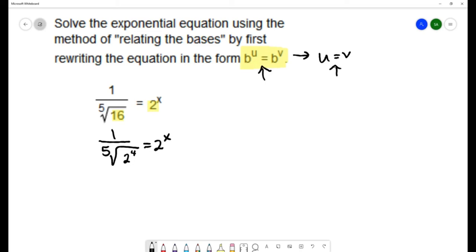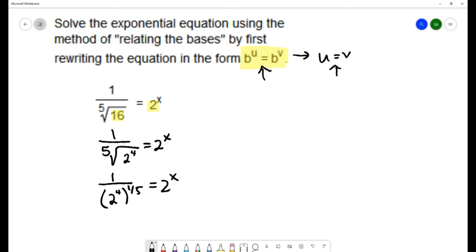Then I notice that I have a radical, and all radicals can be written as powers. So the fifth root is the same as the 1/5 power. So I can write this as 1 over 2 to the fourth to the 1/5 power.